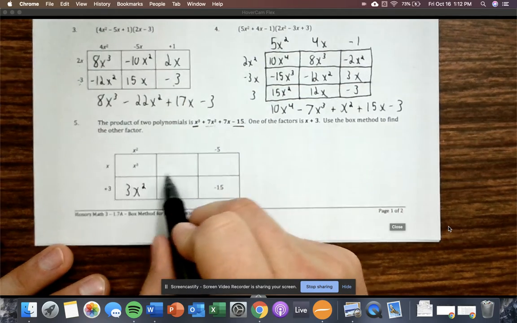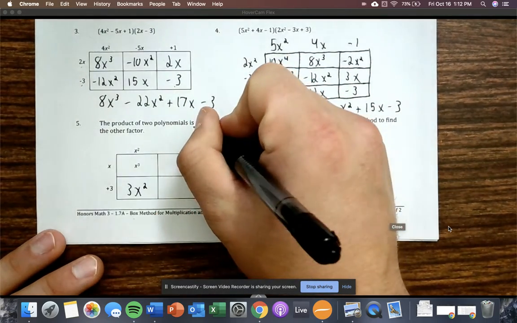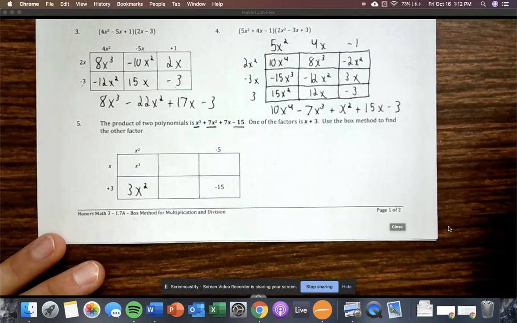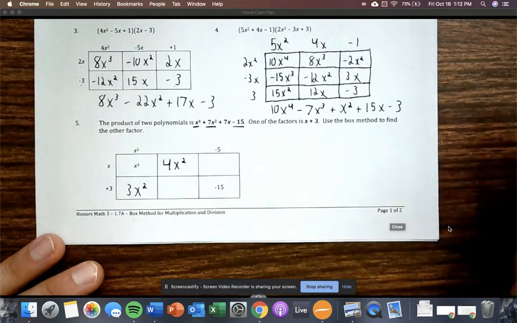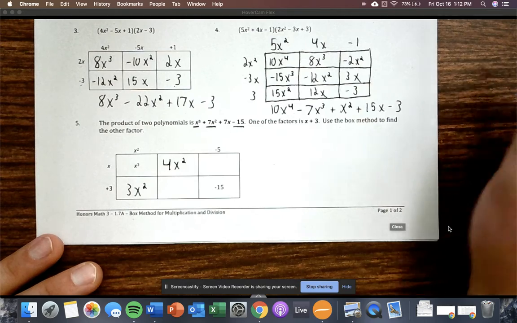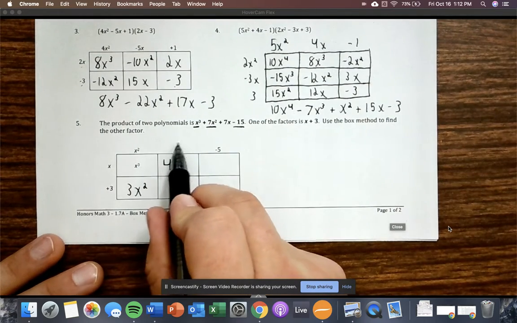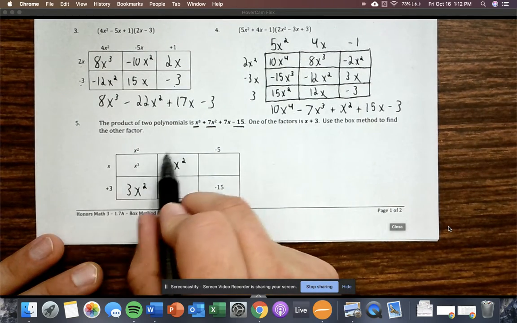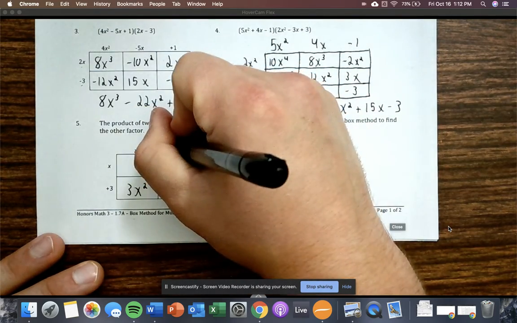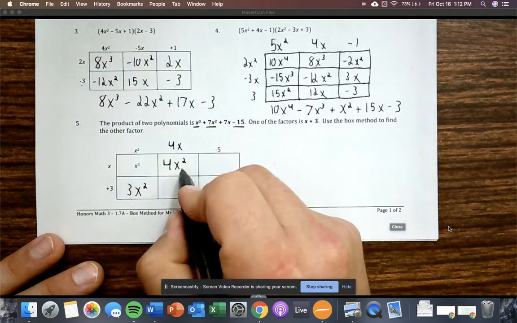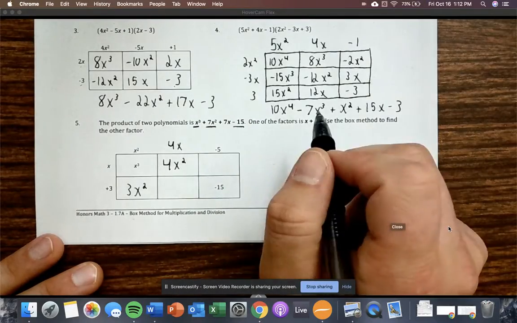So it's going to be something plus 3x squared is equal to 7x squared. Well, we know then it has to be 4x squared. Which leads us to our next term right here, because x times something has to be 4x squared. Well, then we would just have 4x, because x times 4x is 4x squared.